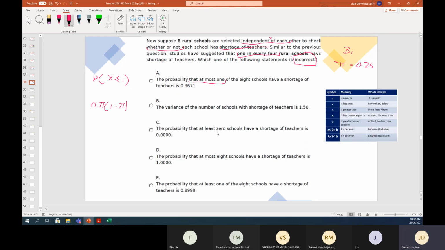The probability that at least, sure, there's a lot of these questions in here, so they're testing nearly all of this in this one question.